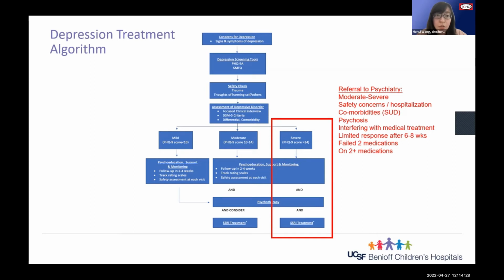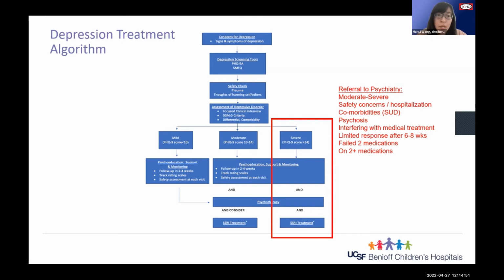And besides the screeners, we also do a safety check to rule out any trauma and any suicidality. And then after the screening and safety check, we have a deeper dive and look at the DSM-5 criteria, separate the patient and parents, get collateral information, explain and introduce the idea of confidentiality.